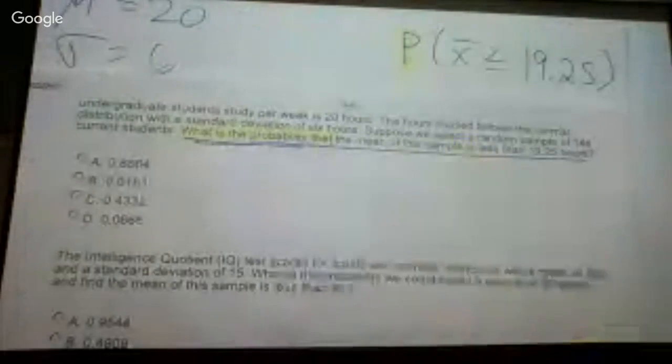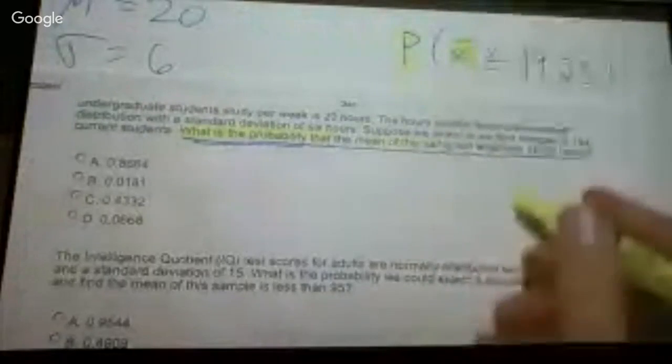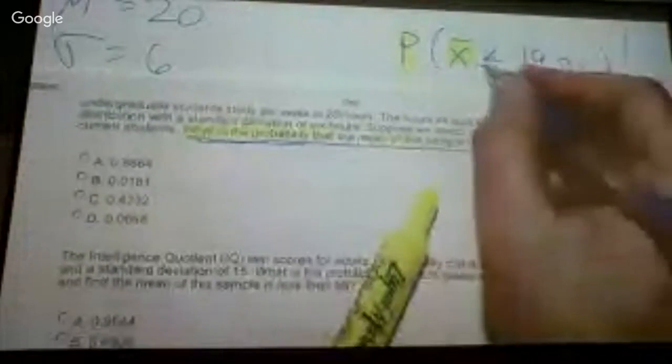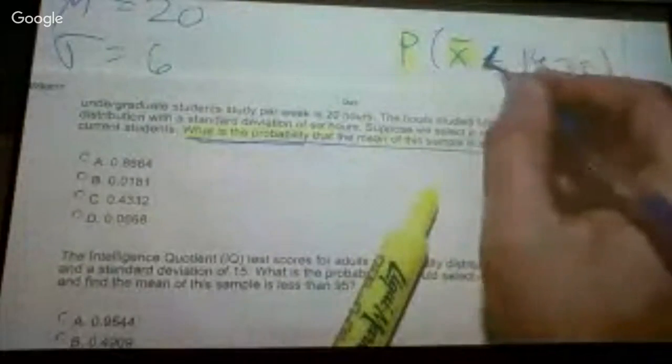What is the probability? When I write that, it's that the mean of this sample is less than, not less than or equal to, 19.25.